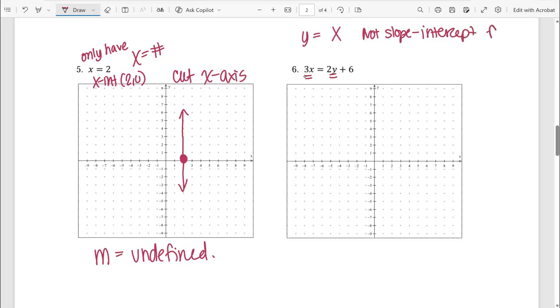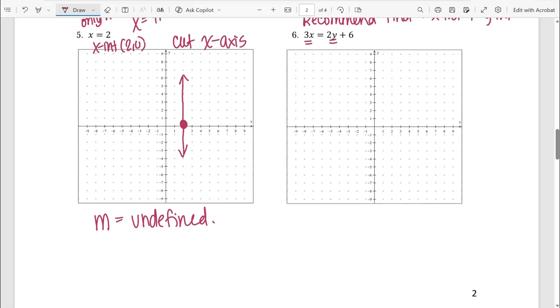I can't just read off a slope and y-intercept to move straight to the graph. So in these cases, if I do not have y by itself, it is recommended to find two specific points, the x-intercept and the y-intercept. So let's go ahead and do that.